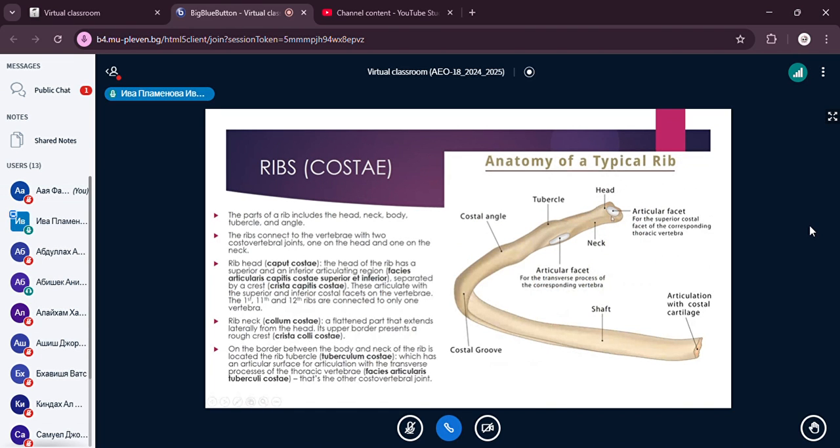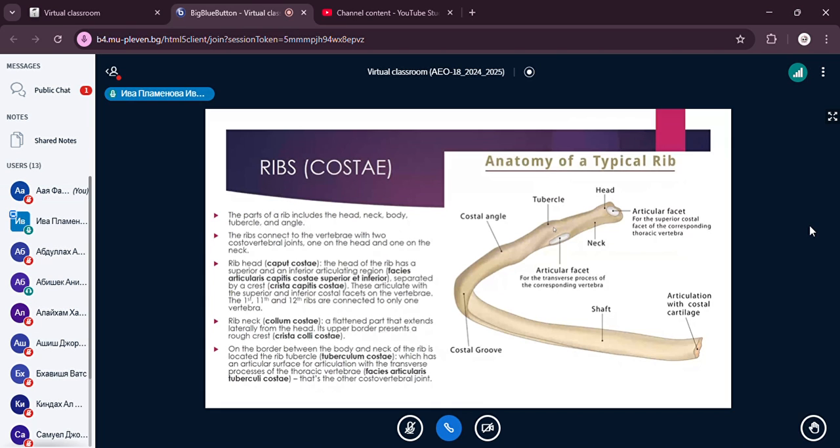Again, each rib has a head, neck, and body, and an angle with the tubercle, except the first and maybe the 12th. The first rib doesn't have a costal angle.